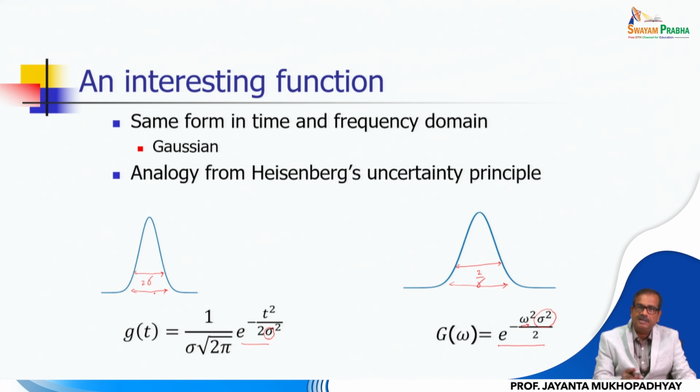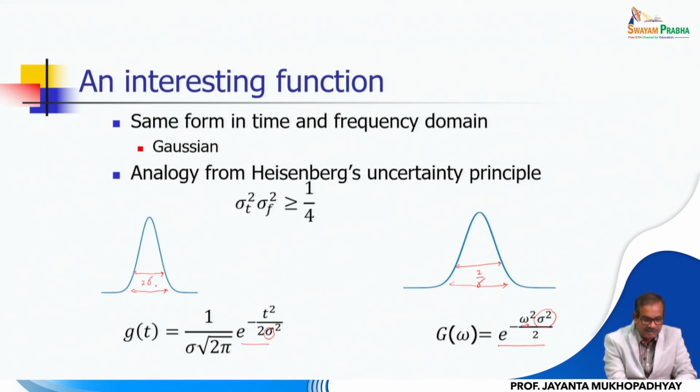So this could be interpreted in terms of Heisenberg's uncertainty principle, what we have in quantum physics. In the functional properties also, this uncertainty can be modeled in this way, about this width, which is considered by the sigma parameter here, which is the standard deviation of the function.